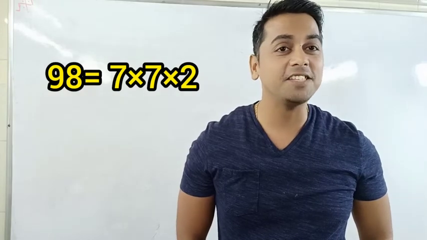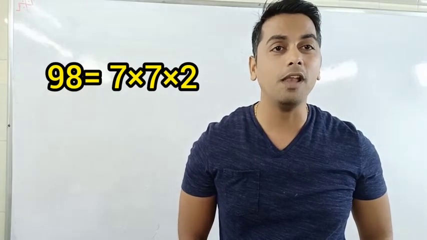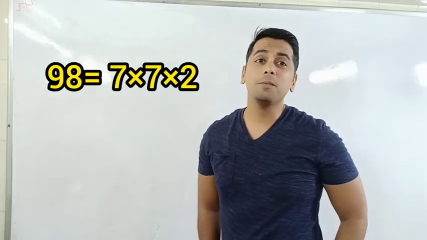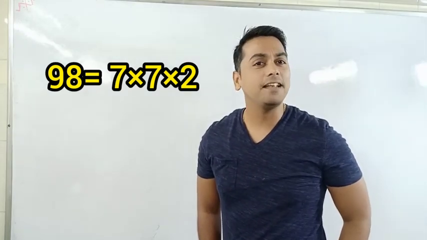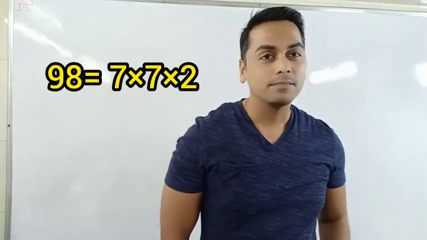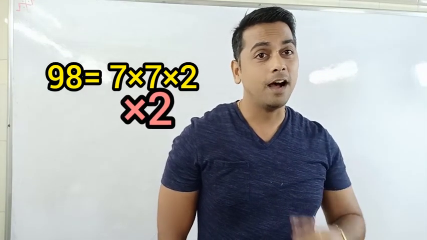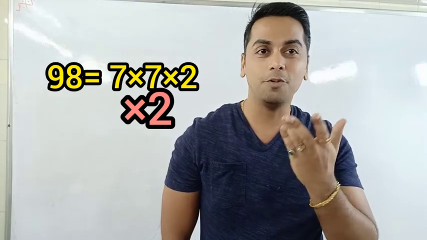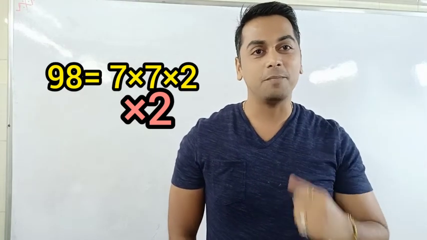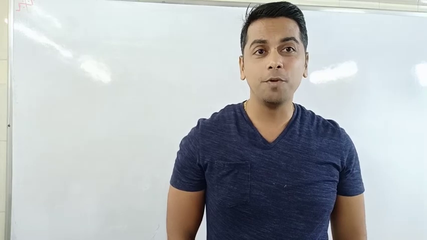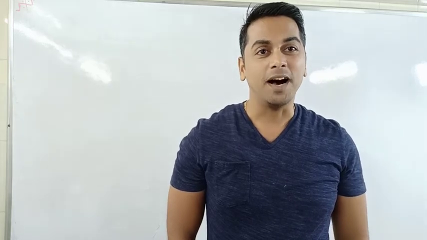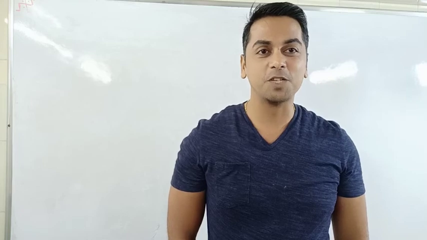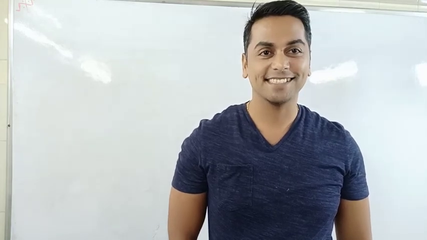No, 98 is not a perfect square as all factors are not paired. So, which number should be multiplied with 98 to make it a perfect square? And the answer is the unpaired one, which is 2. So, you can multiply by one more 2 to make it a perfect square. So, that will be the answer. Hope you understood. Just by factorization, you can find whether the number is a perfect square or not.